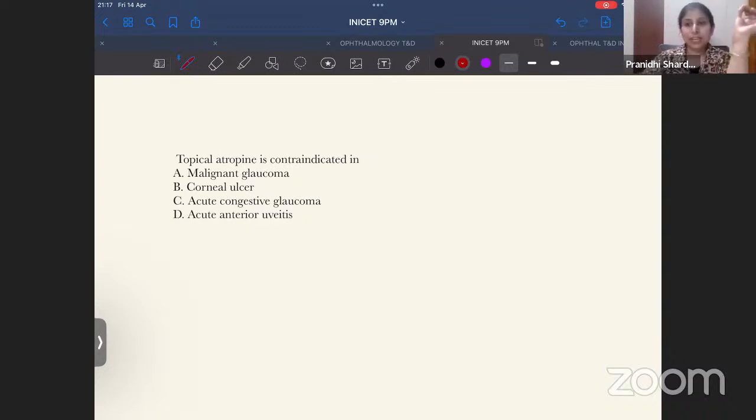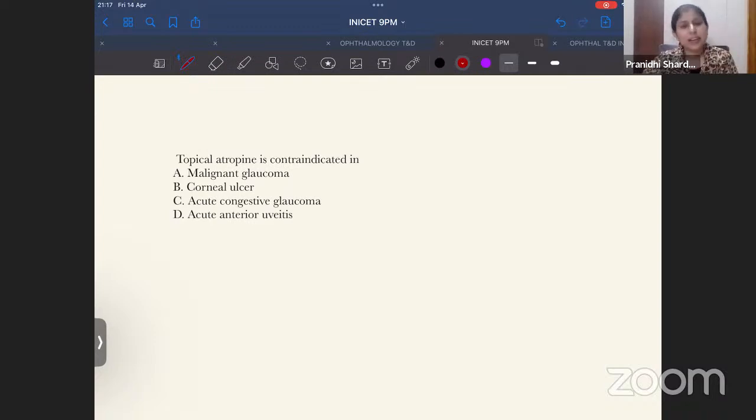First thing, if we do not know all of the options, we usually know one option, acute congestive glaucoma, where we know that atropine is contraindicated. Acute congestive glaucoma is a type of pupillary block glaucoma, where we use miotics as a treatment, and we avoid mydriatics, which are contraindicated.